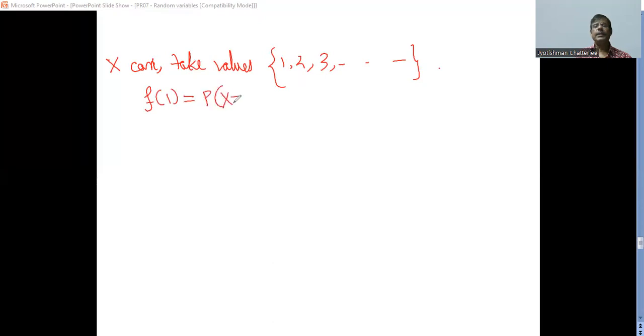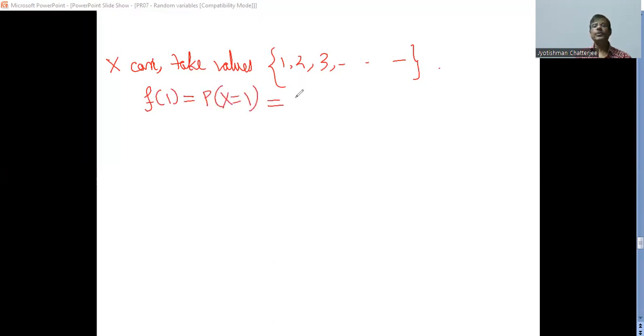So x can take these values, right? And small f denotes the PMF of capital X. So small f of 1, that's what? Probability of x equal to 1.